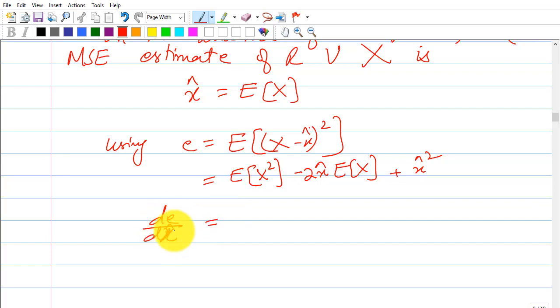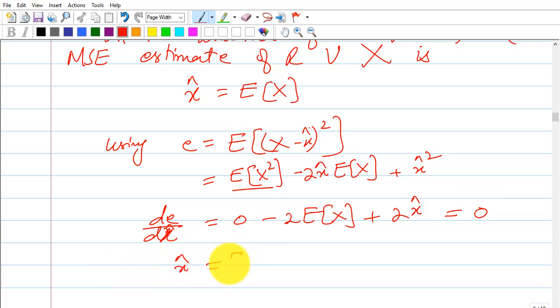So dE by d x hat: the constant term gives 0, minus 2 expected value of x plus 2 x hat, and we put this equal to 0 to find the minimum. So x hat is equal to expected value of x.